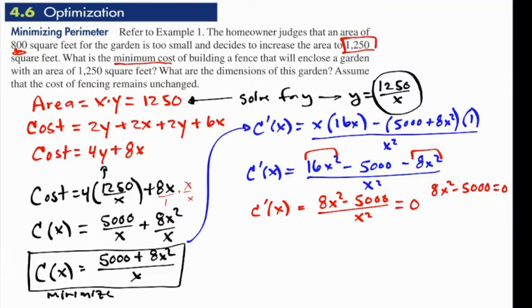I'm going to add 5,000 to both sides. This gives me 8x squared equals 5,000. And if you divide both sides by 8, you get 625. And the square root of 625 is 25.